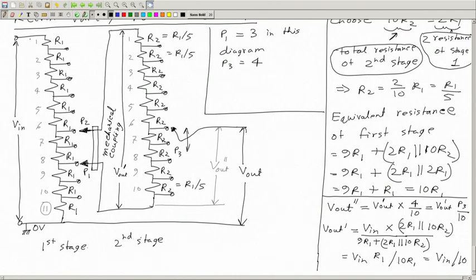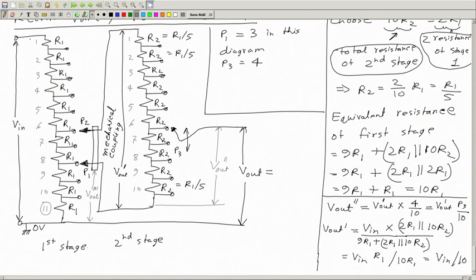So now how much is V out? Let's have another notation. Call this potential here to here V out triple prime, 1 2 3. So V out will be then this.